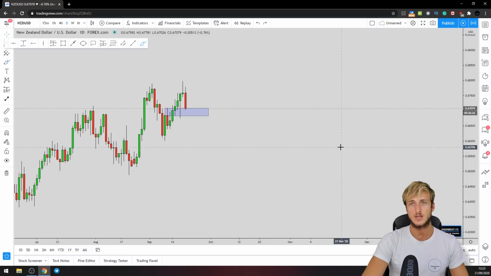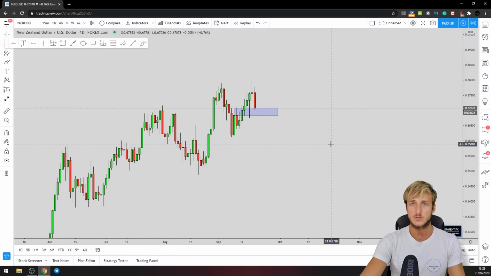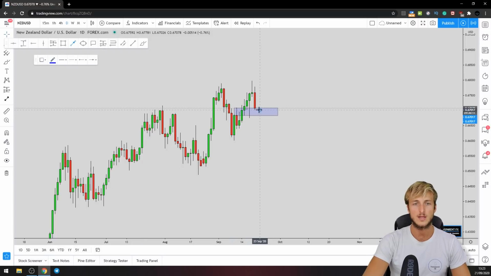Now the real shorting still needs to start. And the reason it hasn't started already is that we still have quite strong support here, which is exactly what we will be waiting with students for the market to break. So what we will be doing with students is waiting for the market to break below the structure. Why? Because this previous resistance that is now support, if it is broken to the downside, will turn into resistance again at this area.